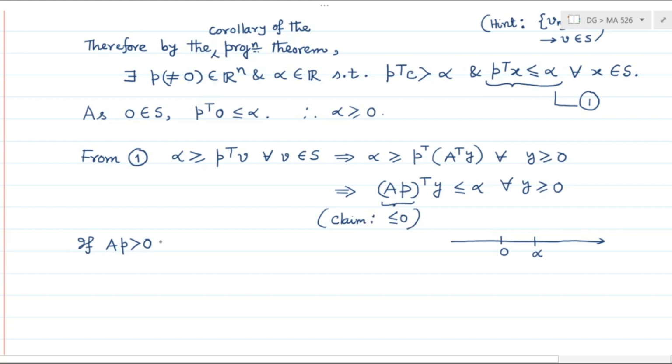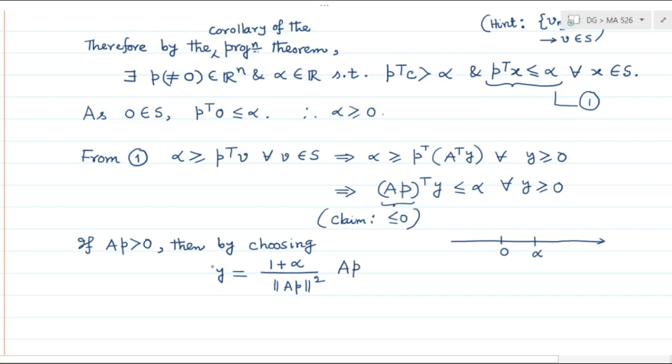If AP is greater than 0, then in particular we choose y equal to, let me tactfully choose, 1 plus alpha divided by the norm of AP squared, times AP. The norm of AP is not 0, and therefore this division is well defined.